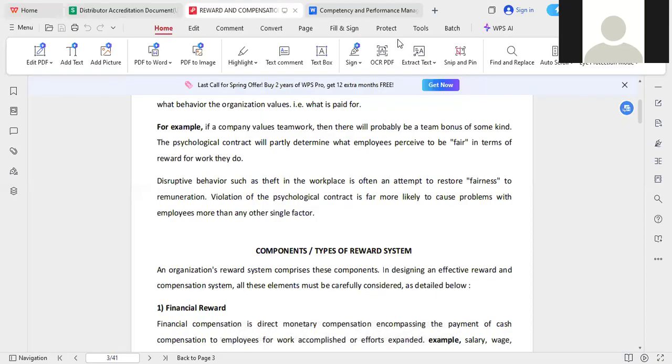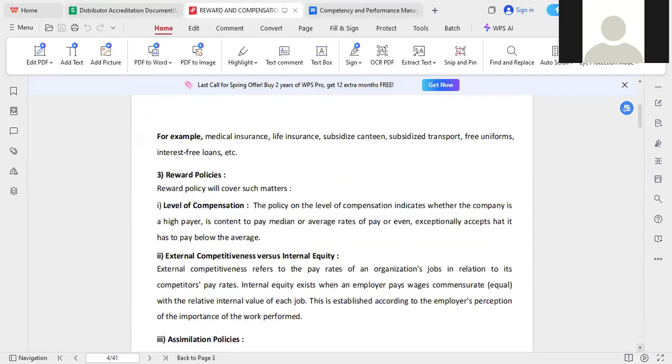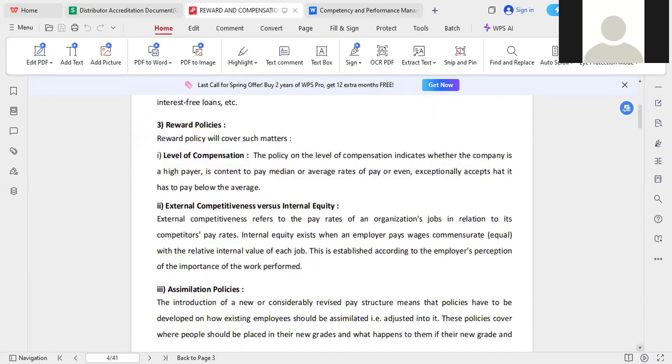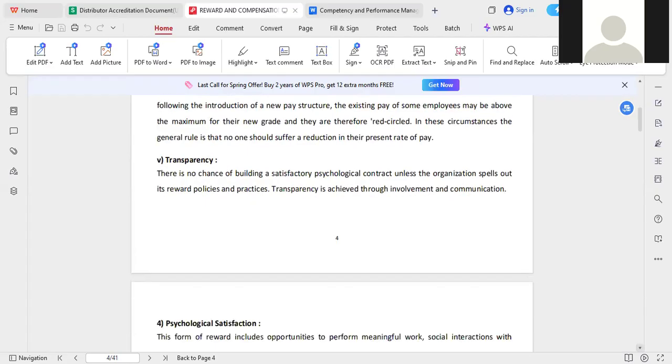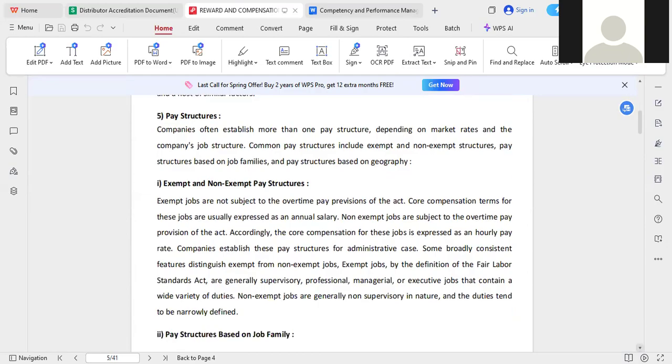Then we looked at the types and components of reward systems. We said an organization's reward system comprises several things. There are financial rewards and non-financial rewards. We have reward policies, and after reward policies we also looked at psychological satisfaction. We looked at pay structures.